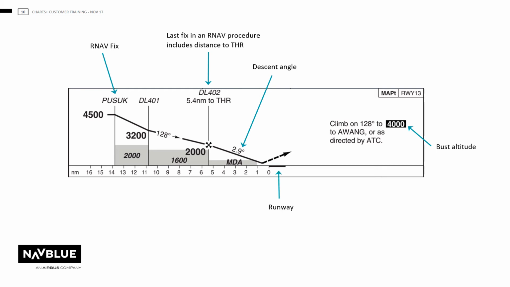The runway symbol in the profile is shown like this. If the threshold is displaced, NavBlue will show the symbol with a small gap as shown here. If the minimum crossing altitude and obstacle altitude are the same, the italics text will be omitted.